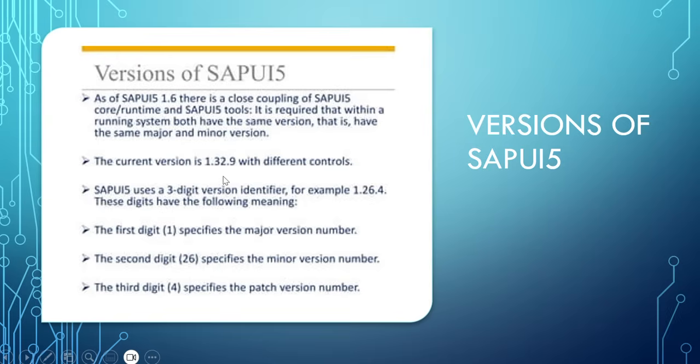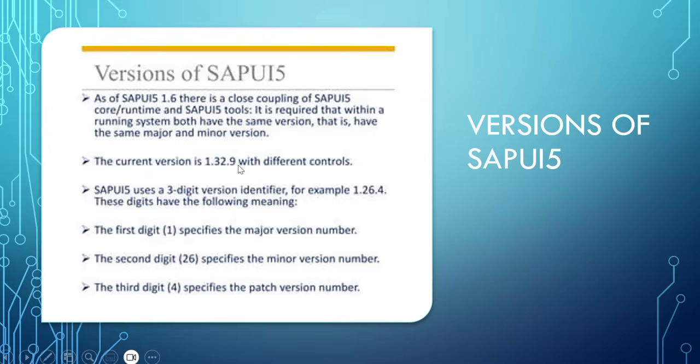So what it indicates is the first number specifies the major version, the two digits after the dot specify the minor version, and the last one specifies the patch version. For example, if any new controller library comes, it will come as a complete new version.